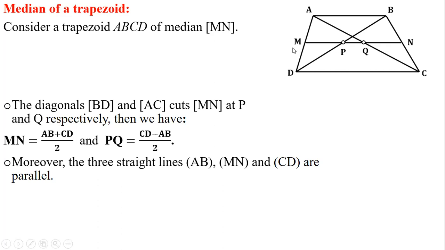Now, the diagonals AC and BD cut MN in P and Q. If I wanted to calculate the median MN, it's equal to (AB plus DC) over 2. If I wanted to calculate PQ, it's equal to (DC minus AB) over 2.